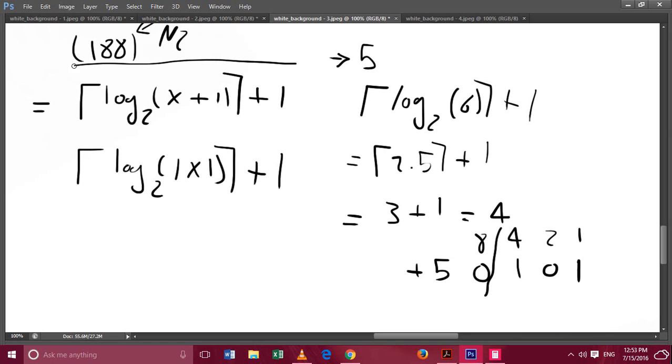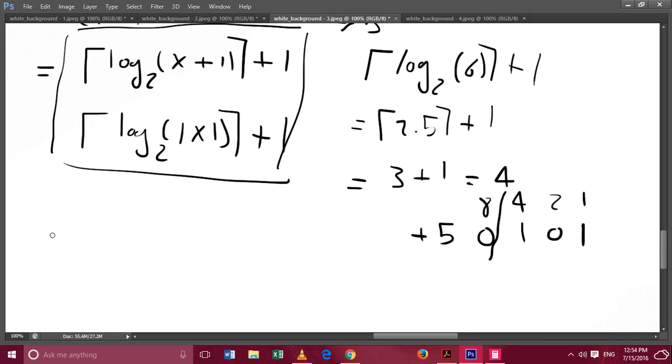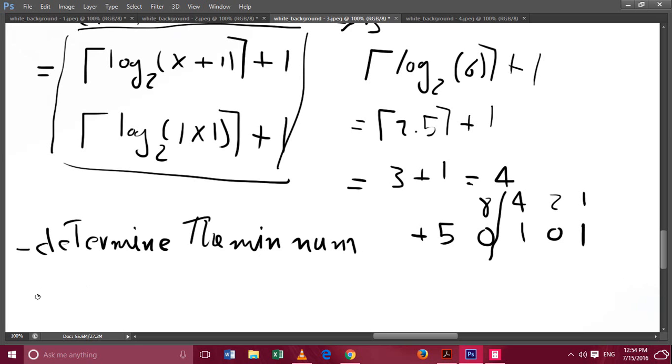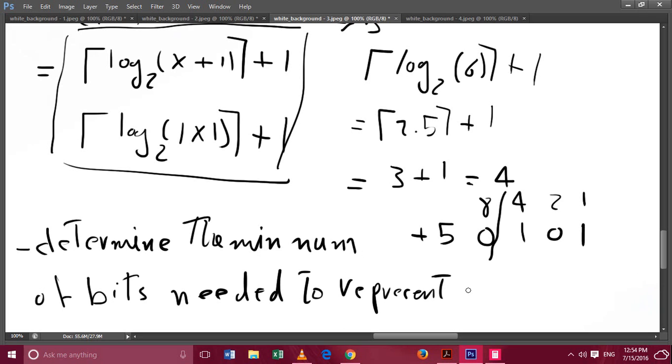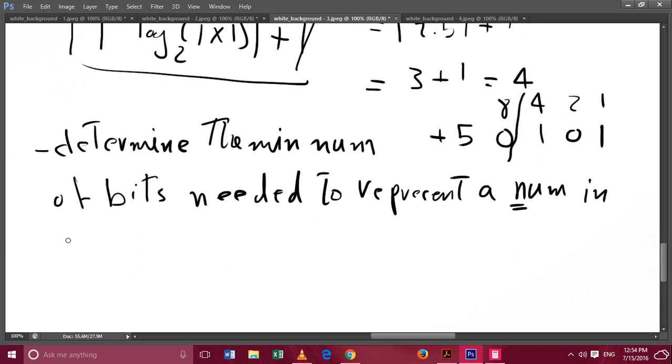You use these two equations to determine the minimum number of bits needed to represent a number in 2's complement notation.